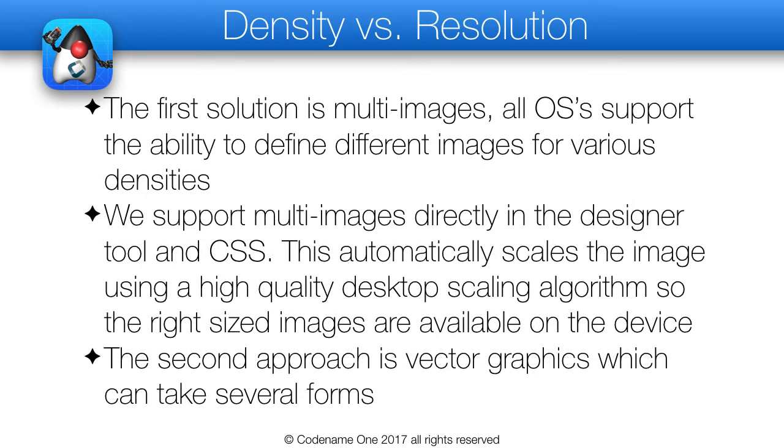So there's two solutions essentially for the density problem. The first solution is the one that we use most often, because it's essentially the easiest. All operating systems, all mobile operating systems, have a solution of this type, and that's to include images for the various DPIs.